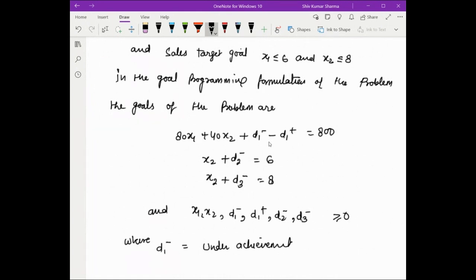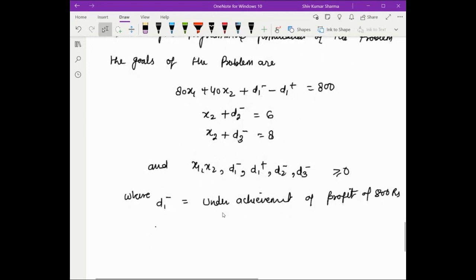Not necessarily do we achieve the target, the achievement of the profit of 800 rupees, and D1 plus means overachievement of the profit of 800 rupees.